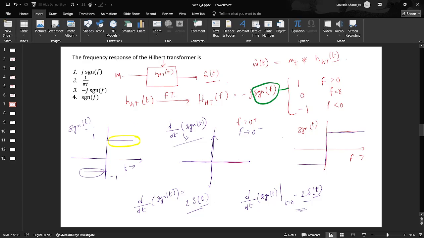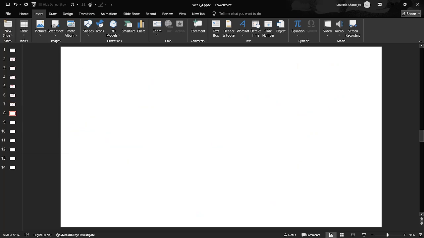So let me introduce a slide here to reinforce the points. d dt of sin t is 2 delta t for t equal to 0 and 0 otherwise.